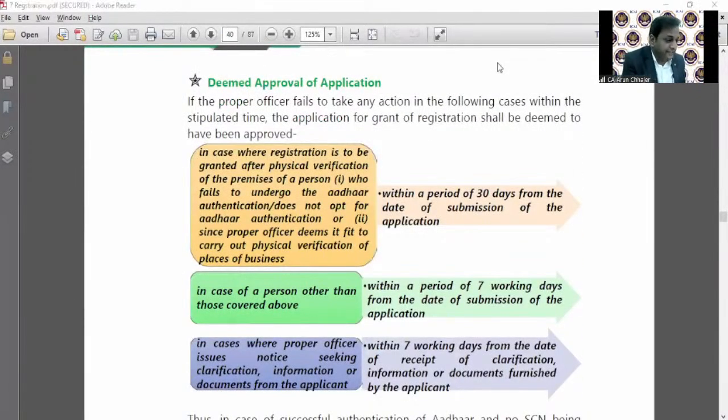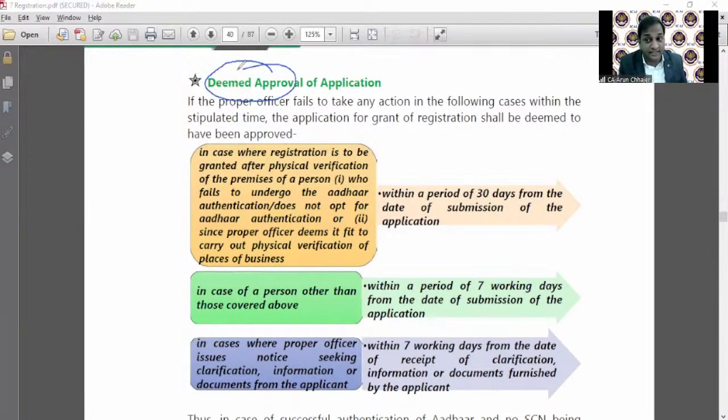Right now, I am explaining the time limit to approve the GST number. If I have made the application, then within how many days does the officer have to approve it? If he does not take action within that time period, it will be considered deemed approval.